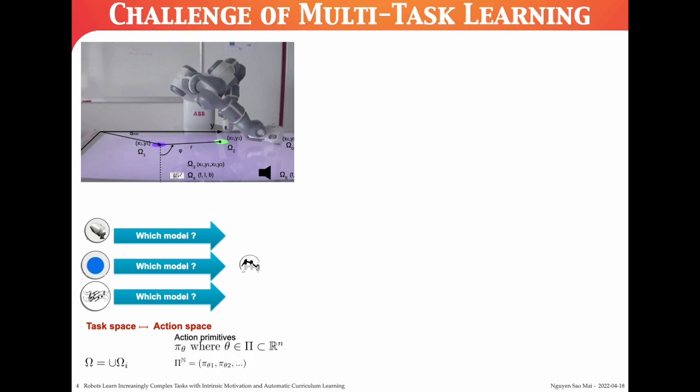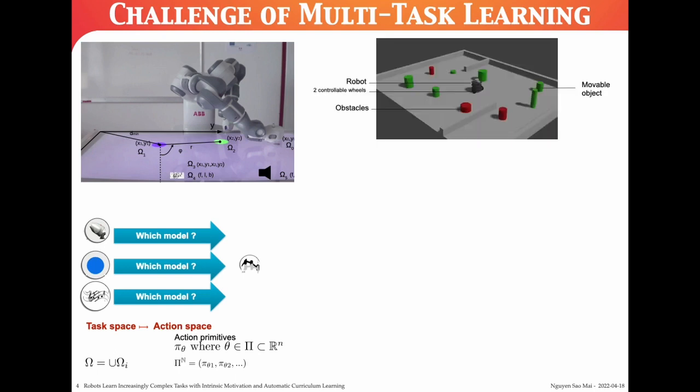For the action space, we describe action primitives as parameterized functions, pi theta, parameterized policies. But our action space can be a list of these primitives, so it's a sequence of primitive actions. And a priori, the sequence is not finite.